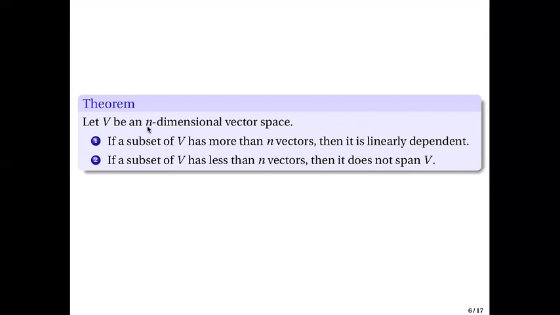Next, if a subset of V has less than n vectors, then it does not span V. Meaning if you have n minus 1 vectors, if you take the span of that, you cannot get the entire vector space V.